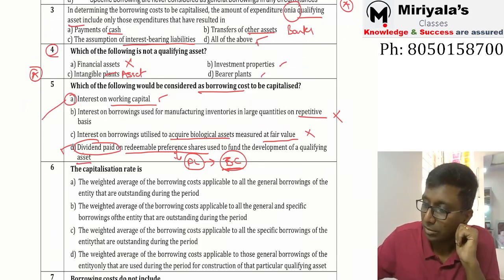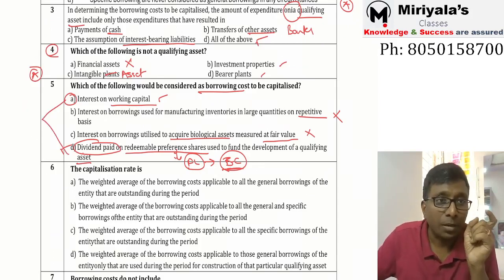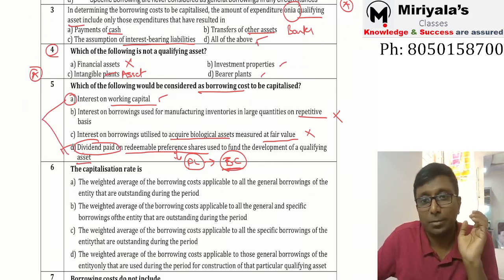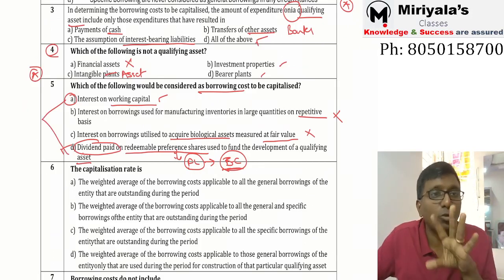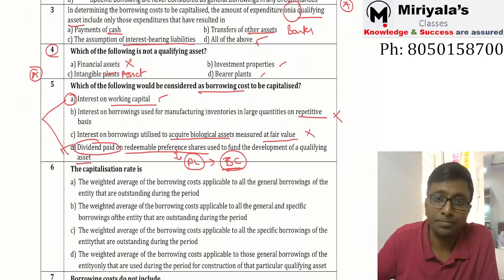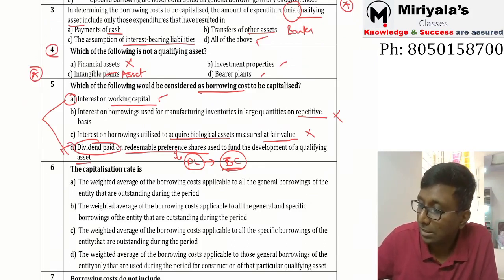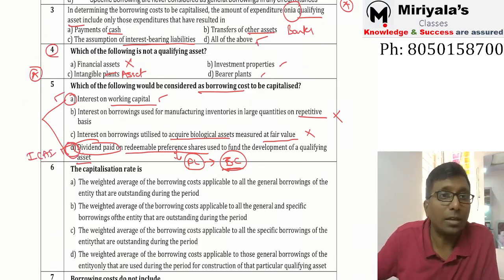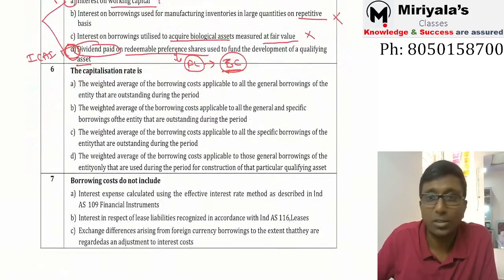So here there is a small conflict. A and D both are eligible to be borrowing cost, but the ICAI suggested answer is only D. Actually this is also a correct answer. Just information: interest on working capital is obviously considered as borrowing cost.